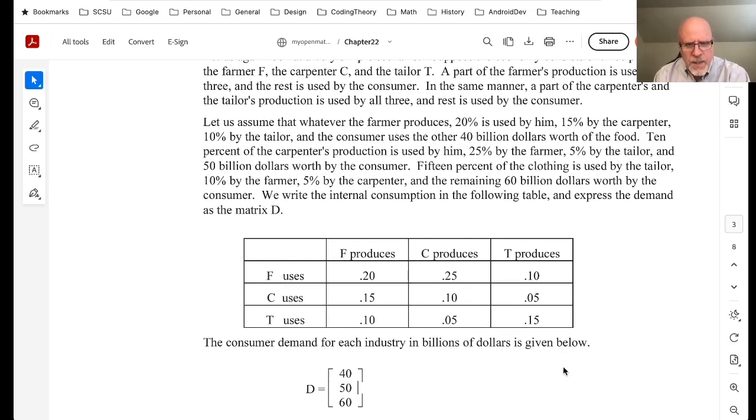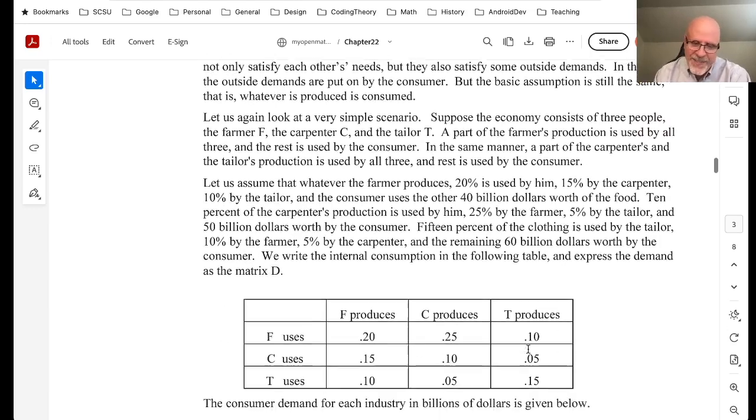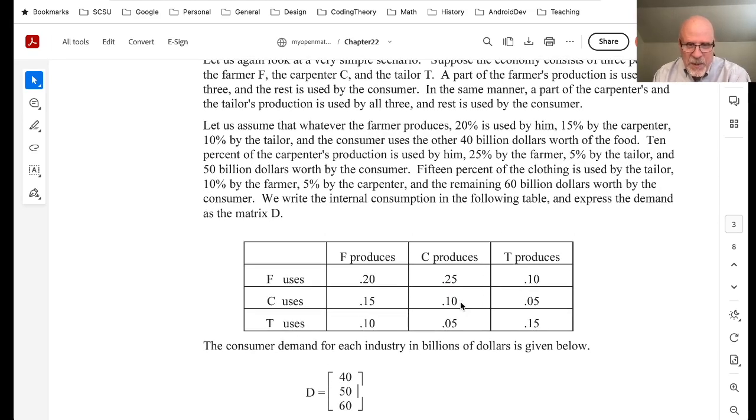But then there's this additional sector that represents everybody else in the economy. They kept it farmer, carpenter, and tailor. F, C, and T are the names for those folks.